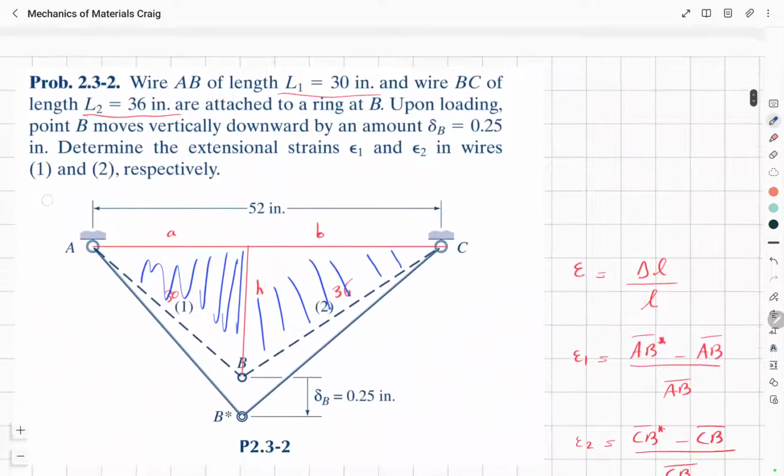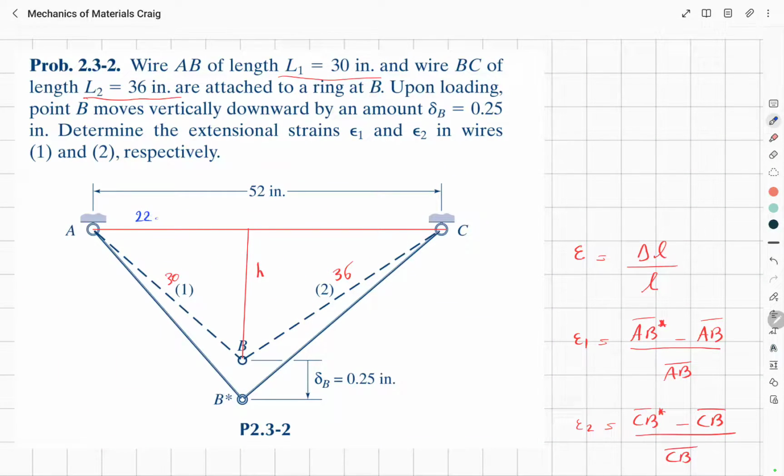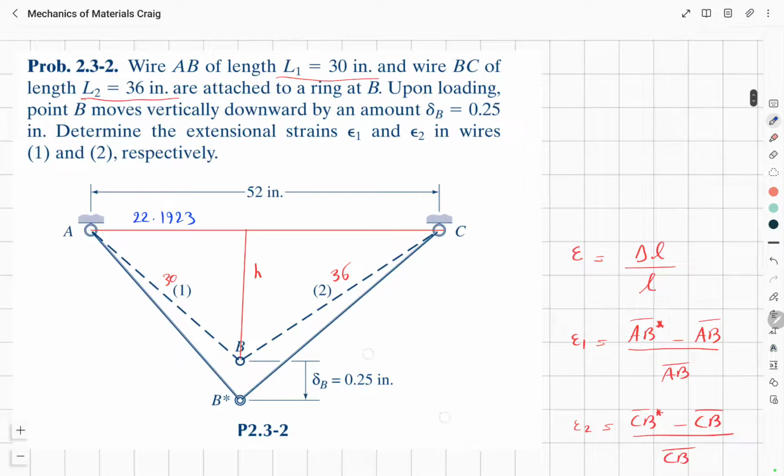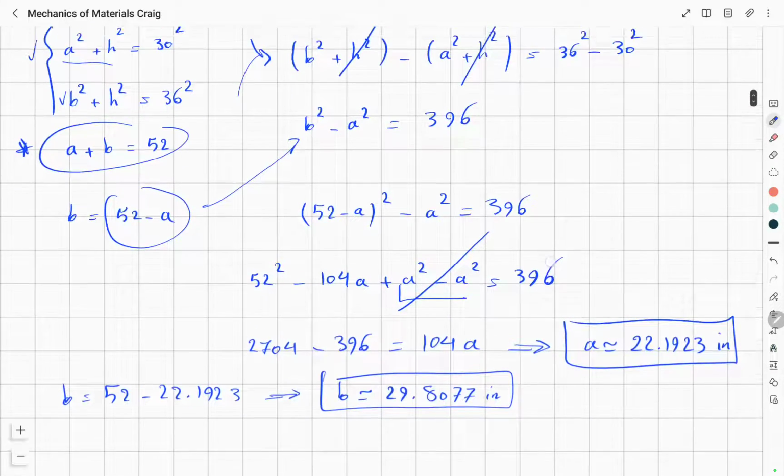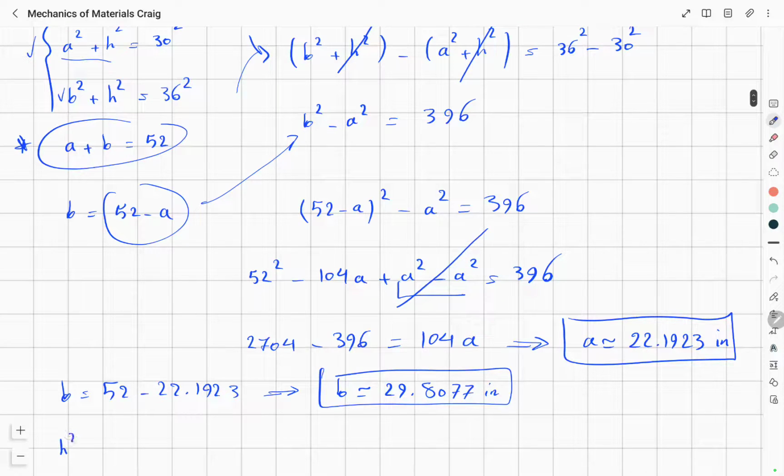Okay, so here, this is 22.1923, and this one is 29.8077. So using one of these equations here, we can write H squared is equal to 30 to the power of 2 minus 22.1923 to the power of 2.